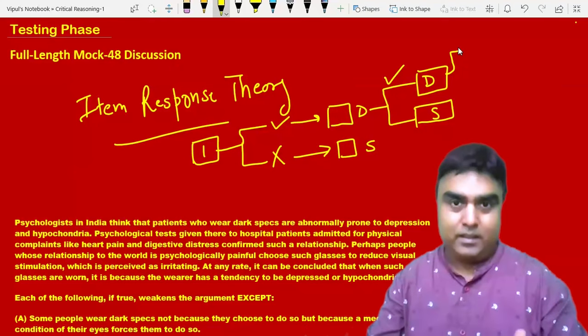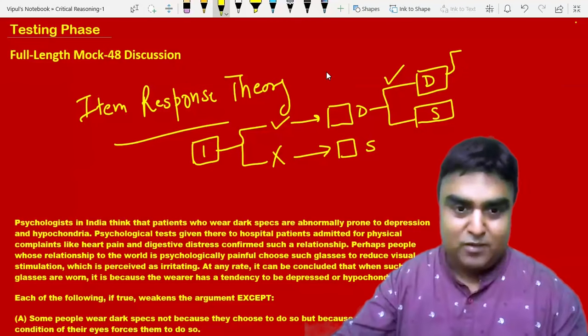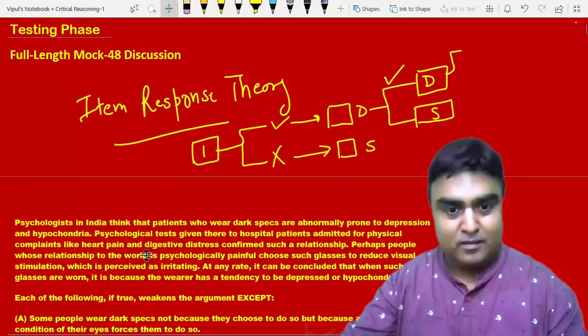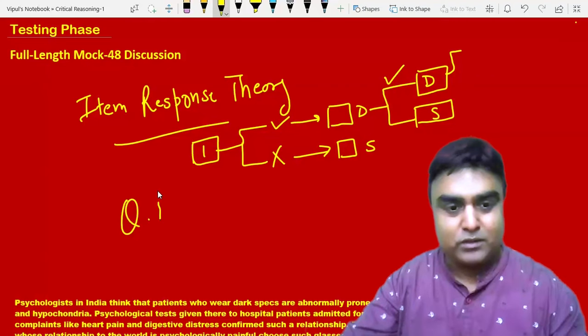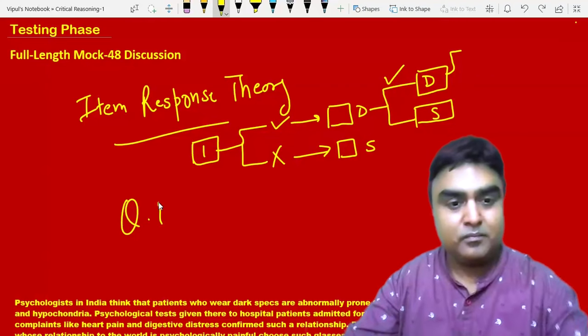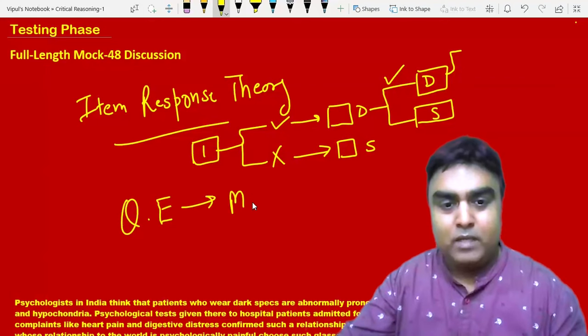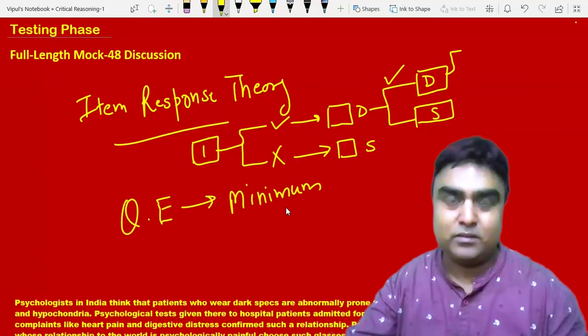The question can be like, let's say there's a quadratic equation, and we ask, what are the minimum roots of a quadratic equation?